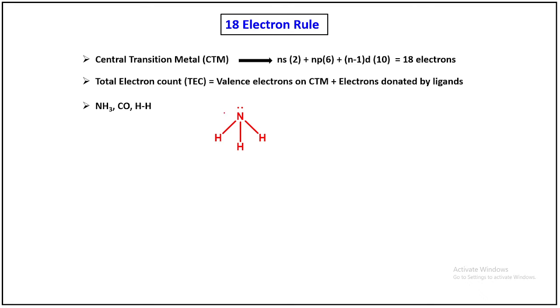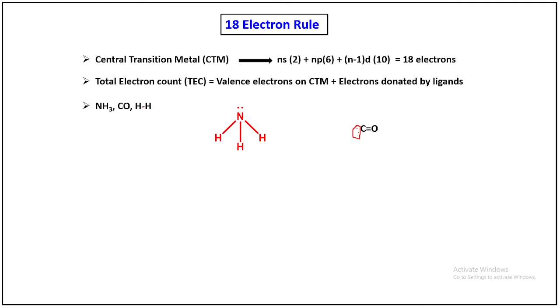One thing is done. Now next look at carbonyl. Carbon has a total of 4 valence electrons, among which 2 are bonded with oxygen. So it has 2 more electrons which can be donated to the metal. Hence carbonyl is also a 2 electron donor. Now we can see hydrogen or any sigma bond.